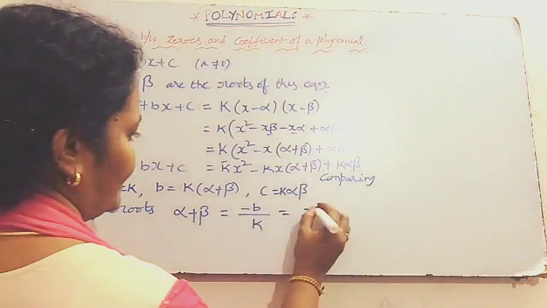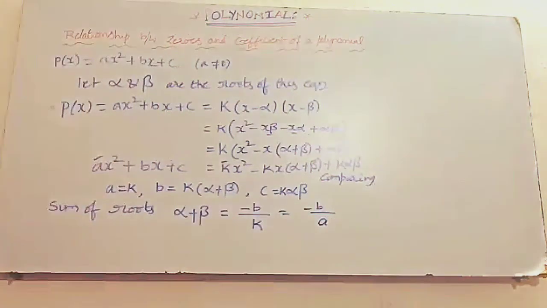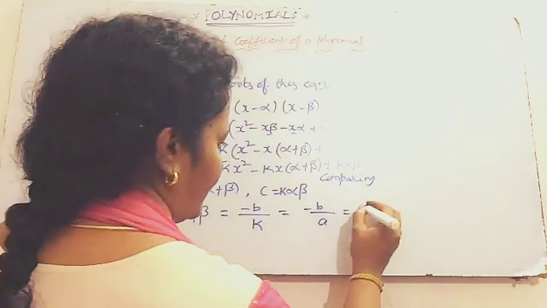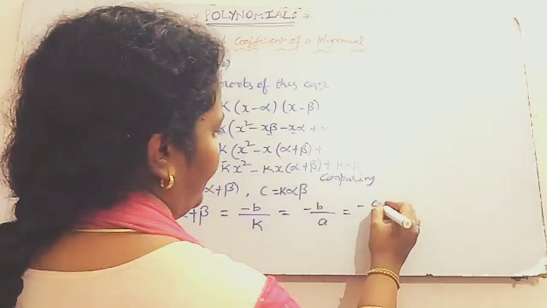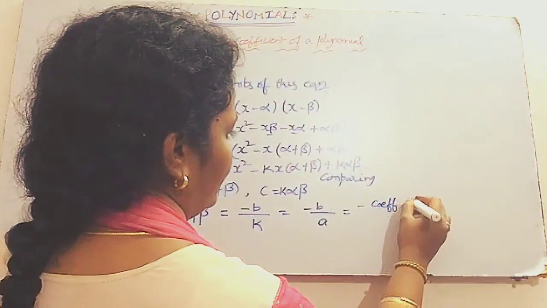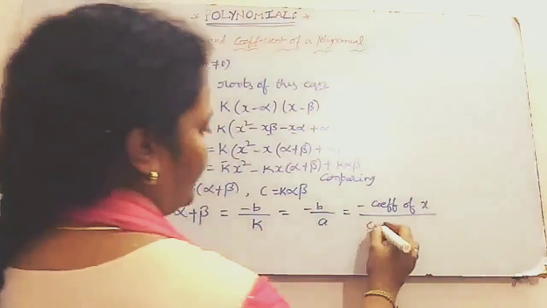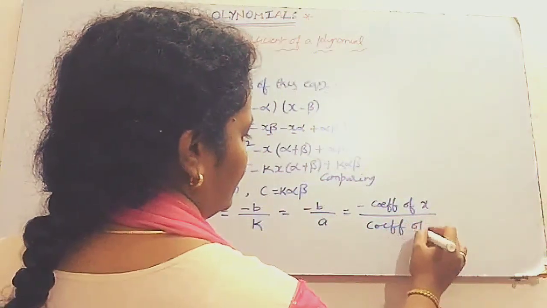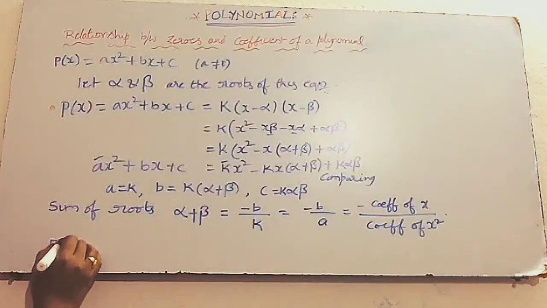That means minus b by, what is the value of k? Here a. That equal to minus of, what is the coefficient of b? Coefficient of x by, what is a? Coefficient of x square.